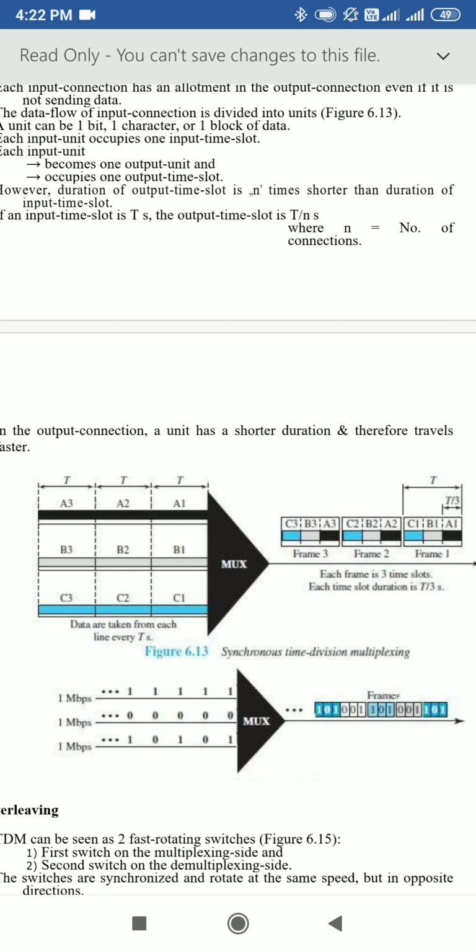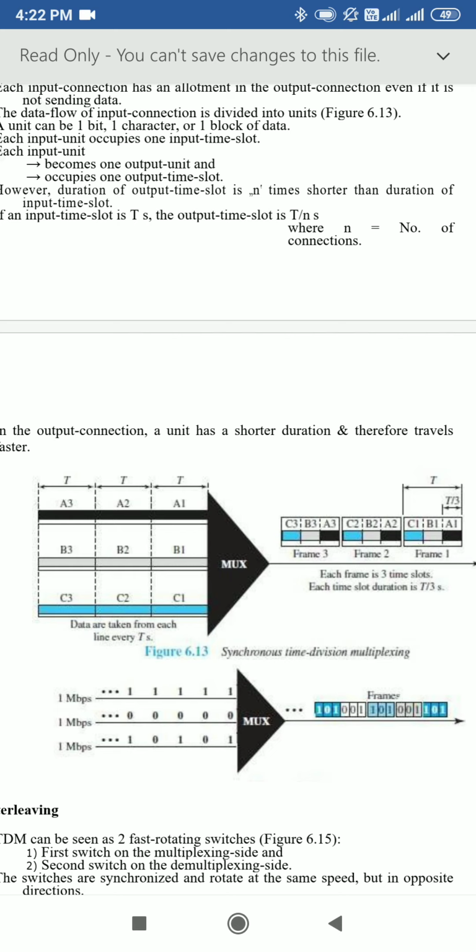Then the time slots are transmitted irrespective of whether the user has any data to send or not. You can just take this point. The first point is each time slot is pre-assigned to the fixed user. Then the time slots are transmitted irrespective of whether the user has any data to send or not.